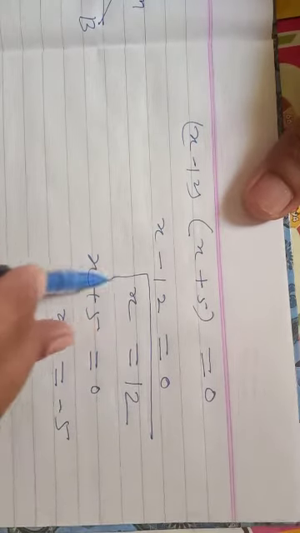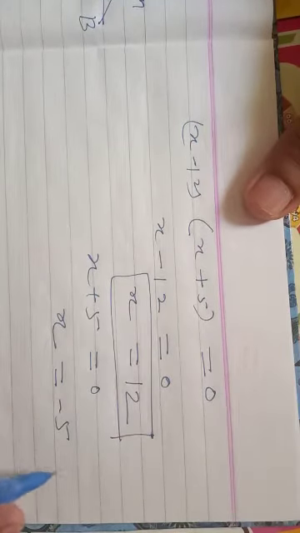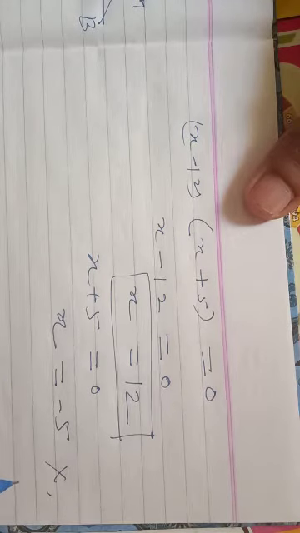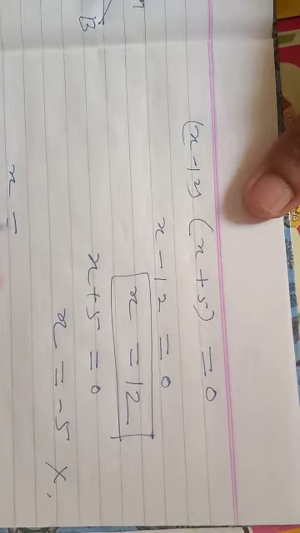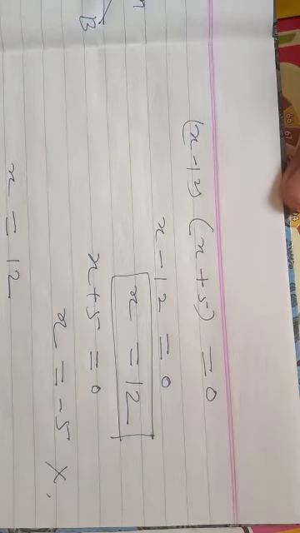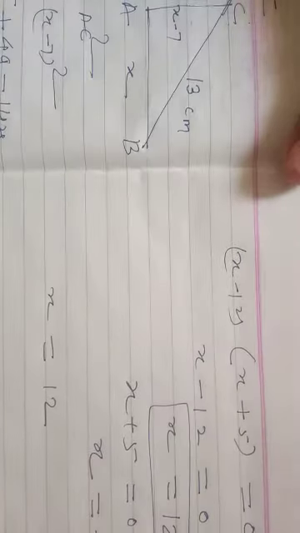So we should take the positive value. X is equal to minus 5, it means the negative value is negligible here, and we should take x is equal to 12 as the positive value, because length should always be positive.